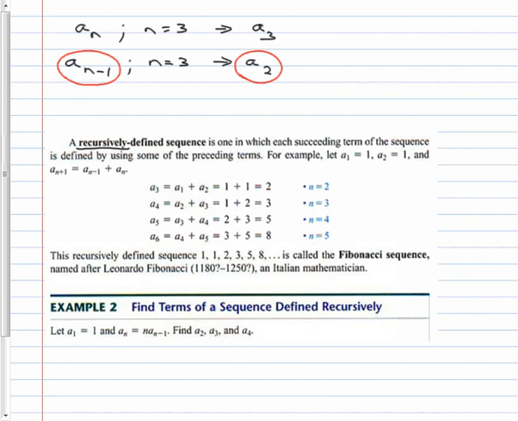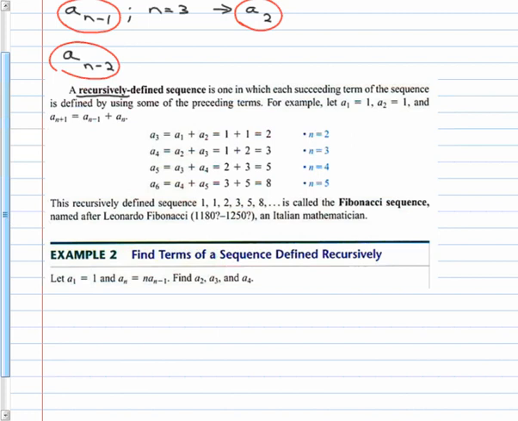So what do you think the expression a sub n minus 2 means, just using words? 2 previous, the term that is 2 before the one we are talking about. Keep that in mind, because we use expressions like a sub n minus 1 or a sub n minus 2 in recursively defined sequences.